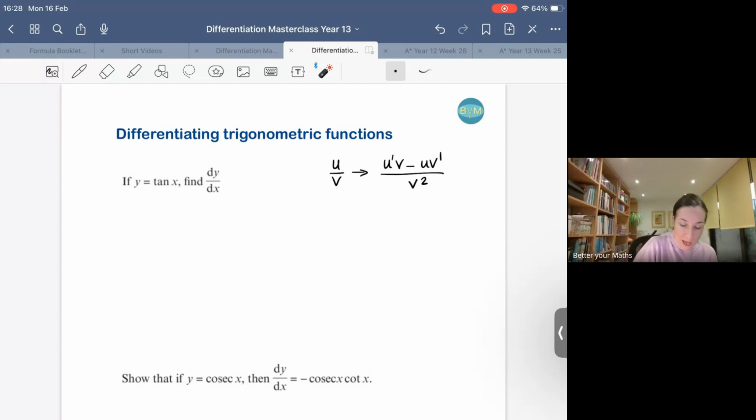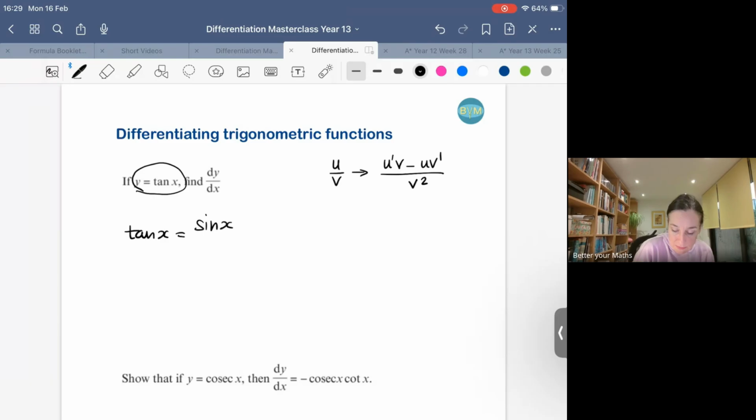What do I mean? If I need to differentiate tan x, even if it's in the formula booklet, they can ask you to find it. We just write that tan x is sine divided by cos and use the quotient rule. Very simple.